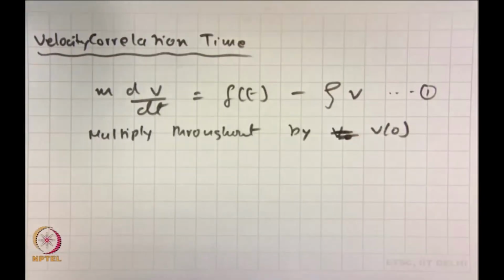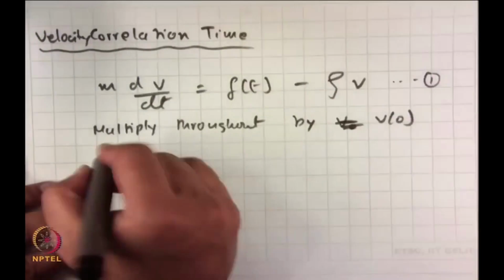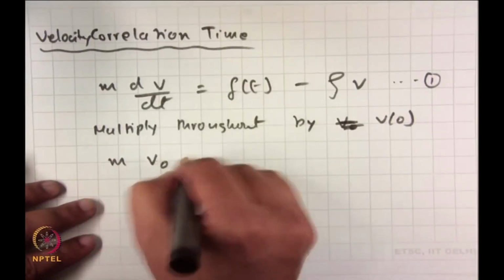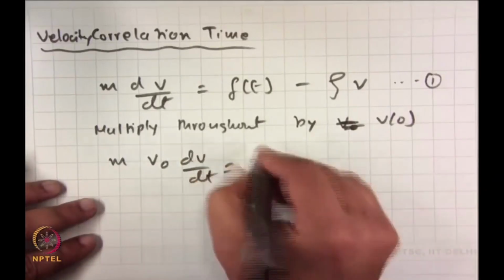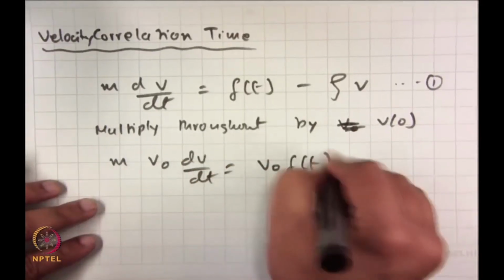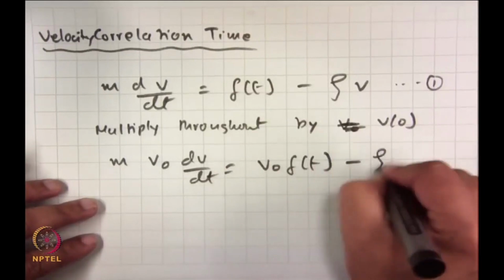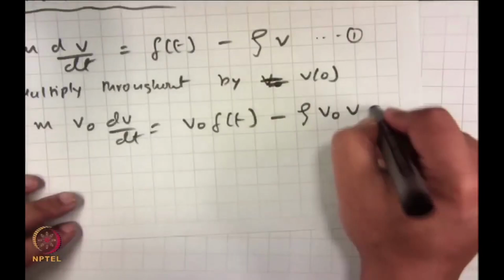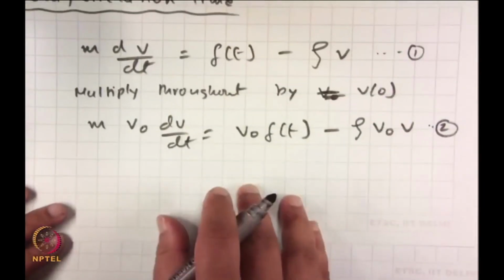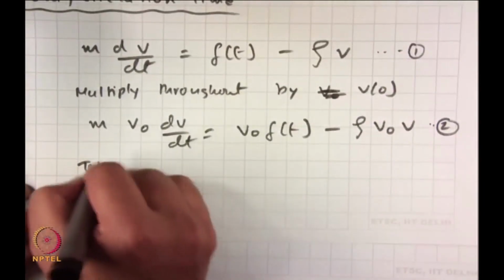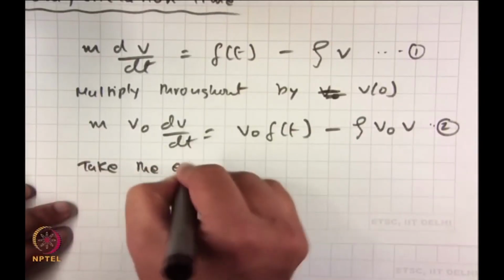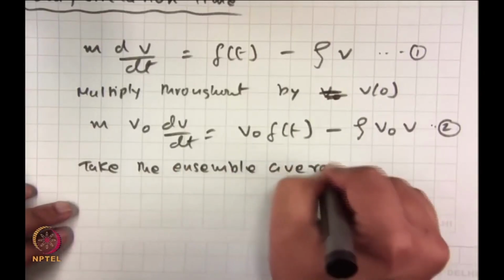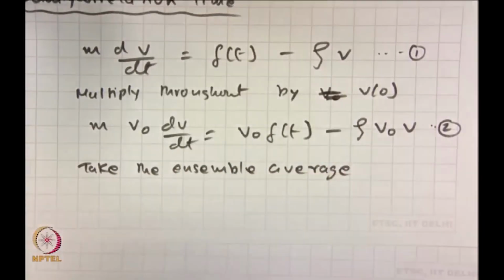Now, if I have that, then I can write m V 0 dV dt is equal to V 0 f of t minus psi V 0 V. This is equation 2. Now, what you do is you take the ensemble average.